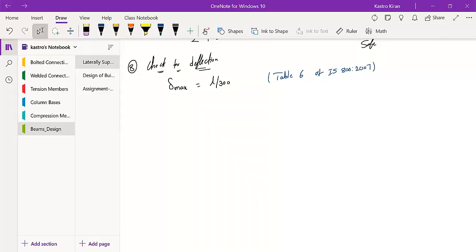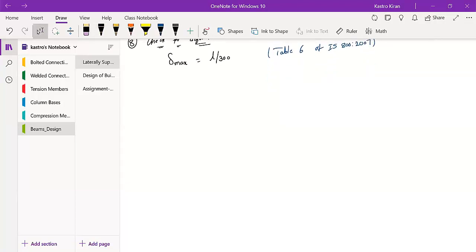If you refer to Table 6 of IS 800:2007, there are different categories of the section. Anyways, I'll show you once this problem is completed. I'll talk about Table 6. But remember, the maximum deflection is limited to L by 300. This you remember, but I'll let you know how we are assuming this L by 300.